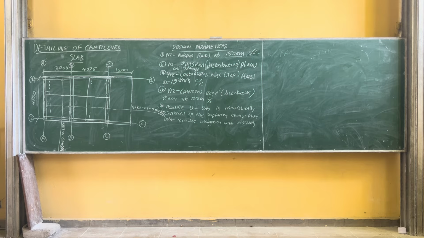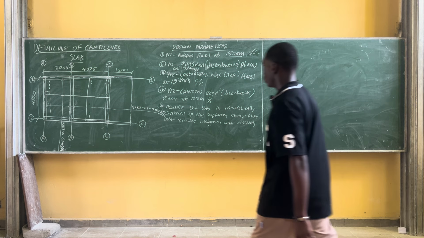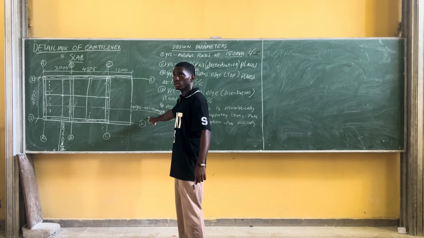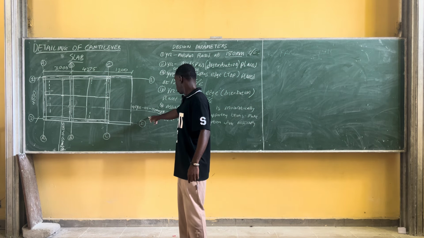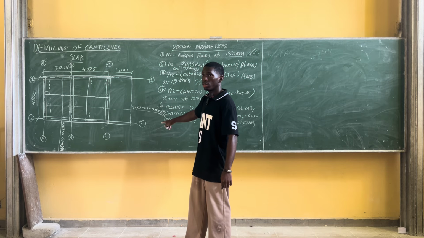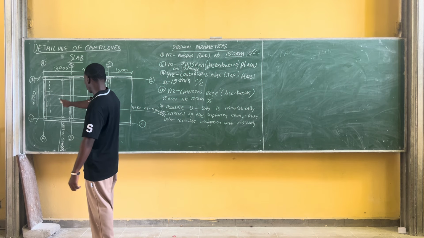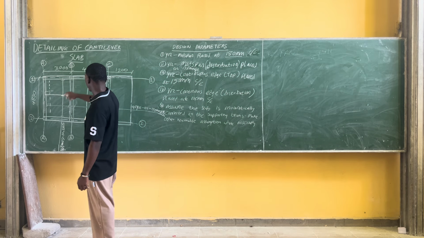Which one? The numbering. What happened to the numbering? 175 center to center B2. I'm not seeing the B2. Yes, this part is B1 because it's parallel to the shorter span. This is the shorter span, like these two.